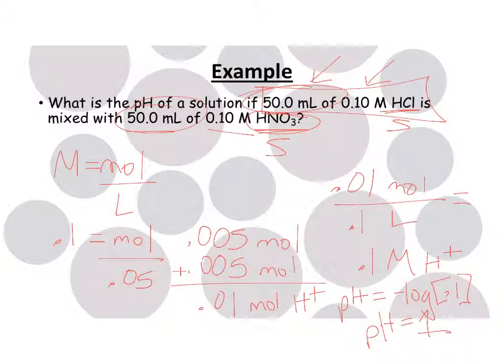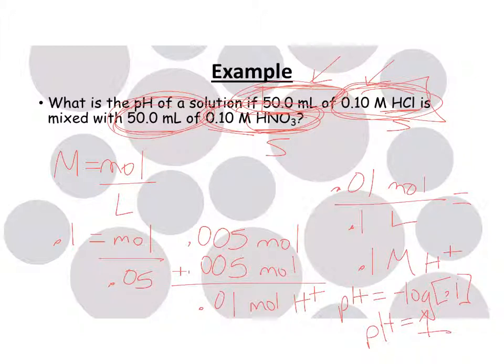Okay, so you're probably thinking, well, why did you do all that? Because they're both giving you the same H plus concentration. That's completely true. But the thing you have to understand here is these had the same concentration and they had the same volume, so that wasn't going to change anything.